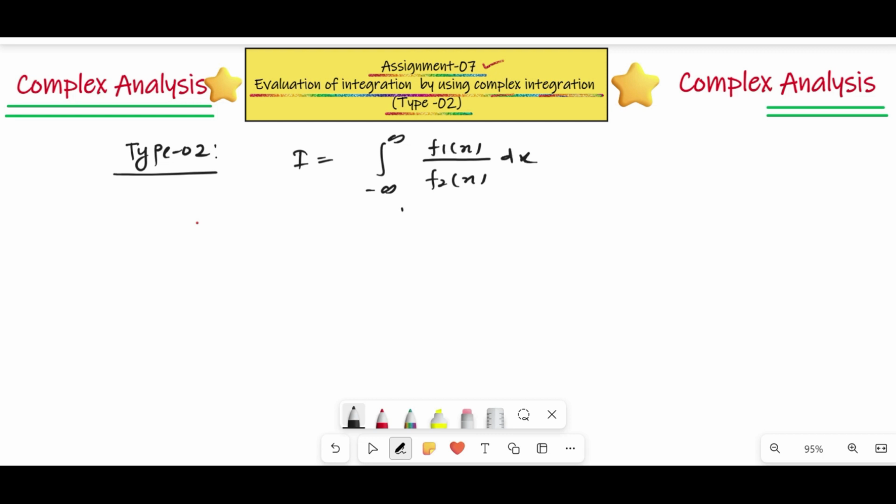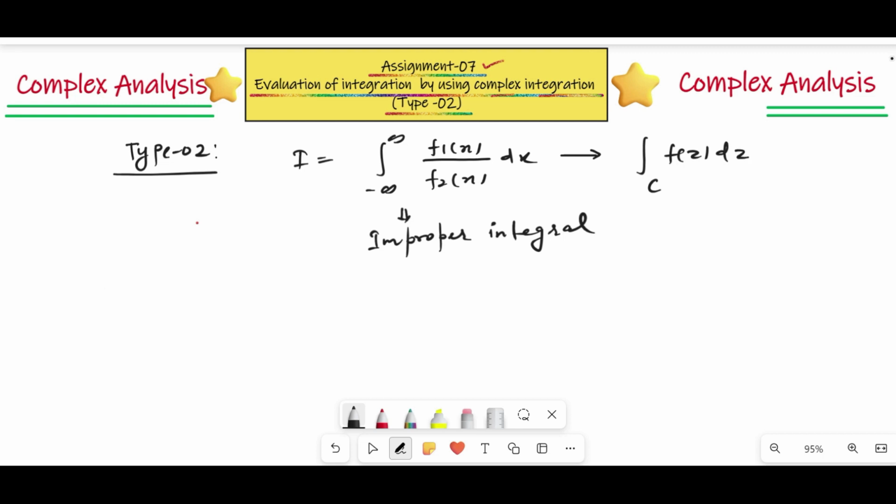Such type of integral is known as an improper integral. This integral will be solved by using the complex integral over the curve C, f(z) dz.